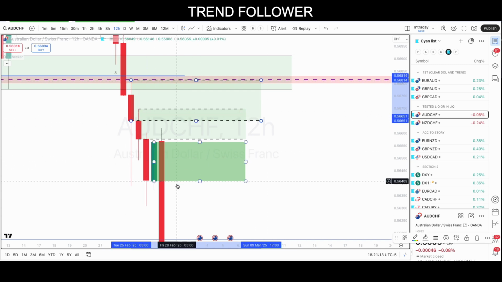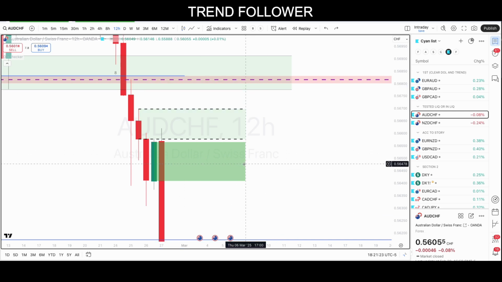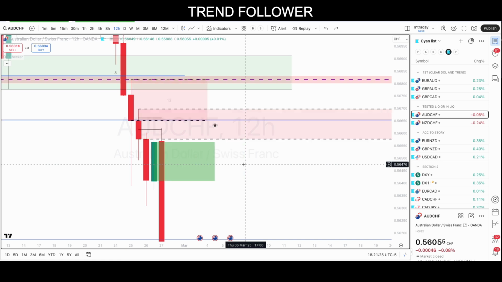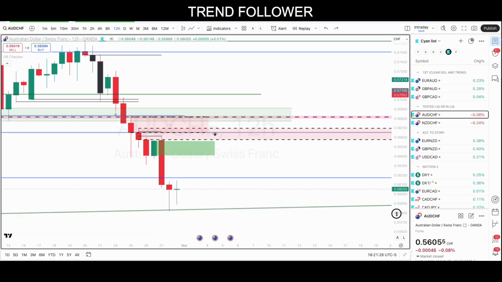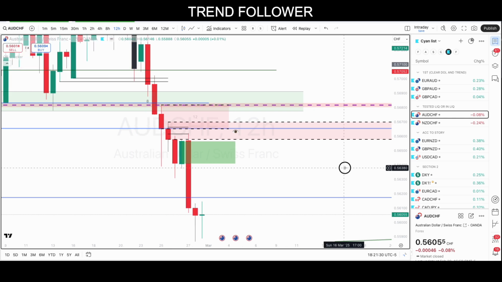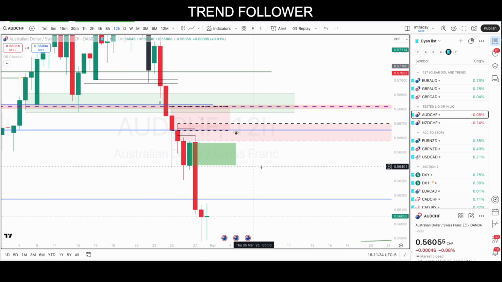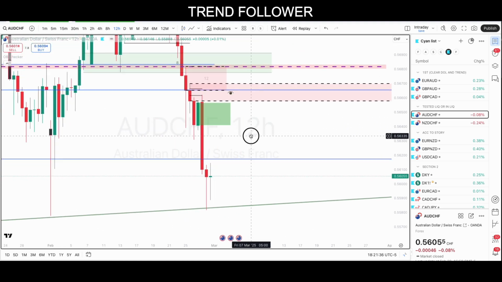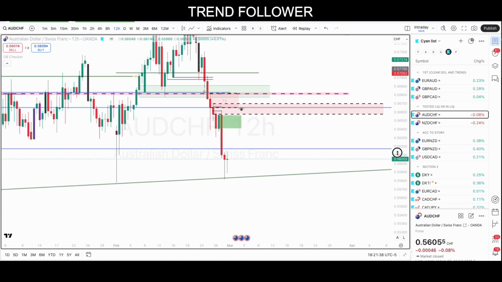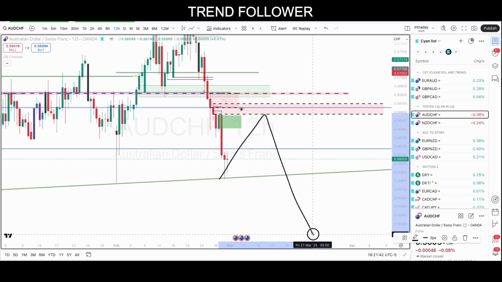When you have so many levels, the first level you don't give much importance because of risk to reward. If it rejects here, goes down, makes a lower low, then it comes back up, then we can take an entry, but not right now, right? So let's bring all that back. So here, what I think is this zone is damn important, and what I want to see is price coming here and then we go down.